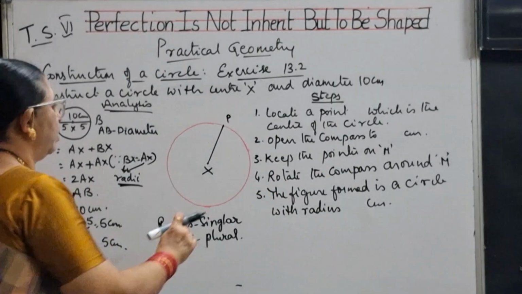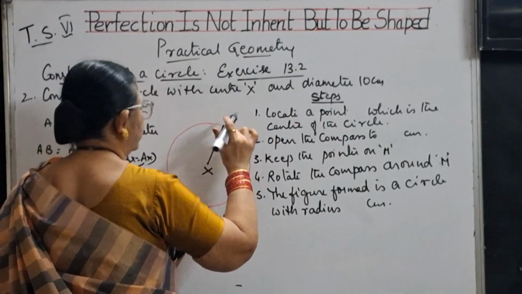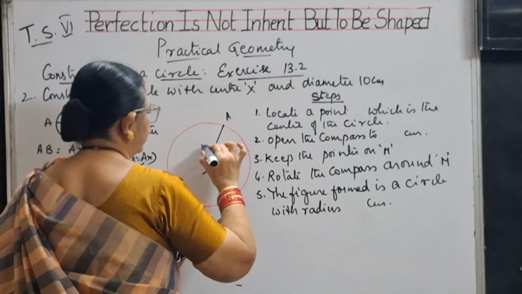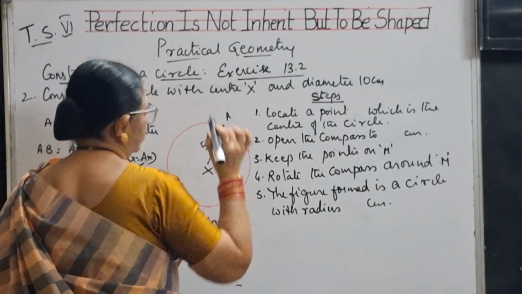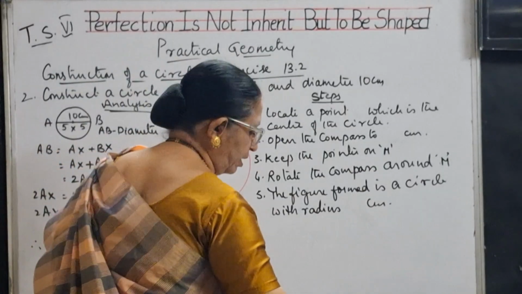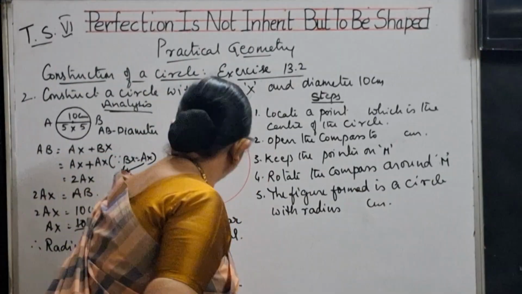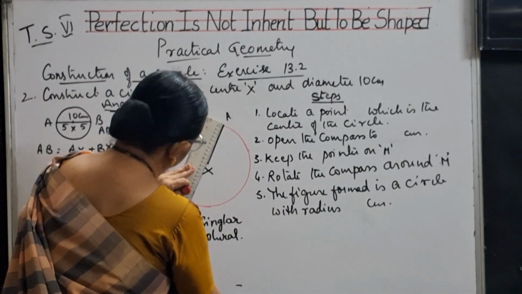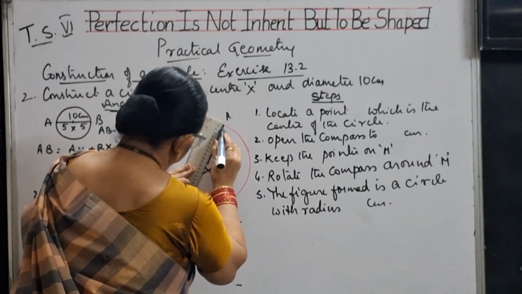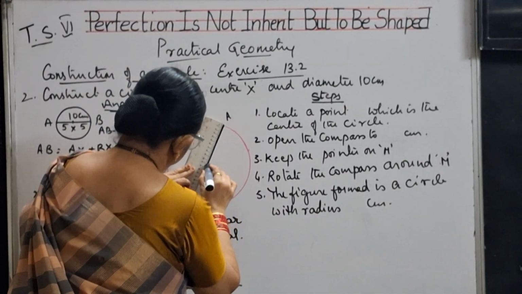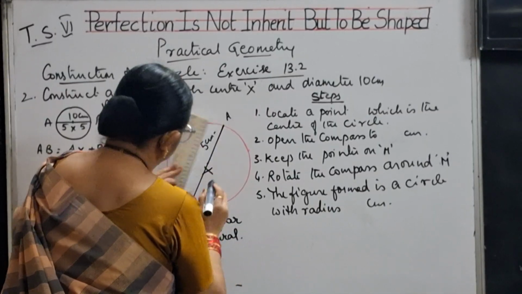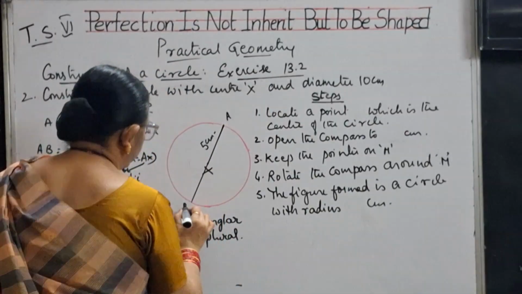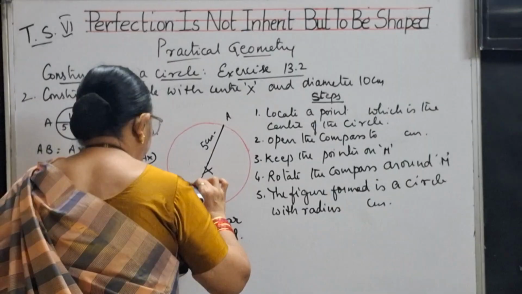So that means what? Let me write this as A. This is 5 centimeters. If you extend it, see, if I draw a line like this, extend it, this is B. So that is 5 centimeters.